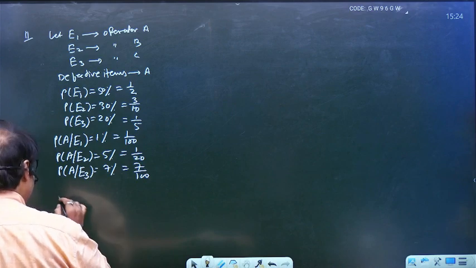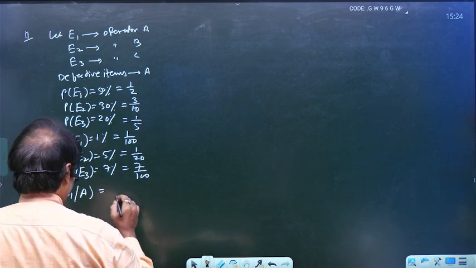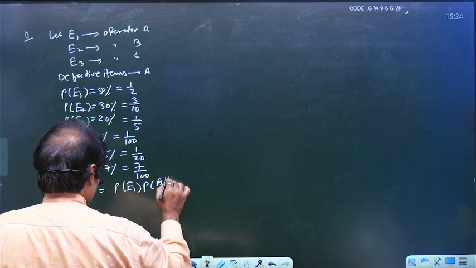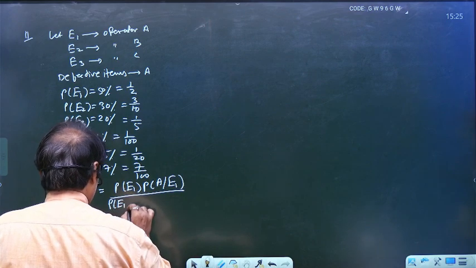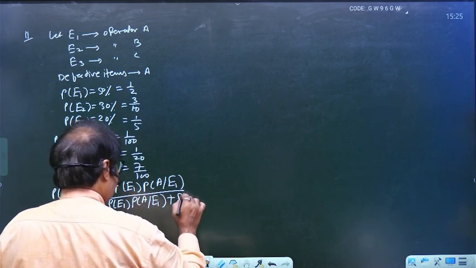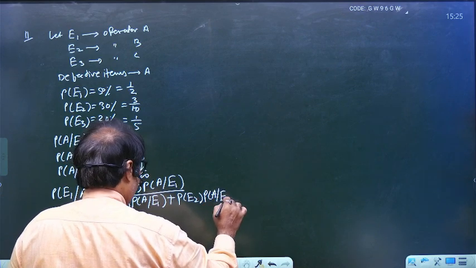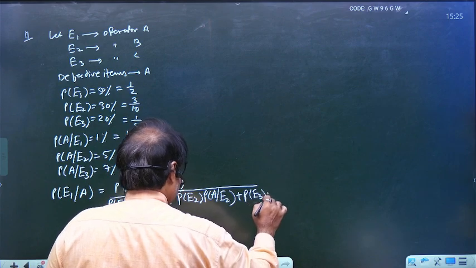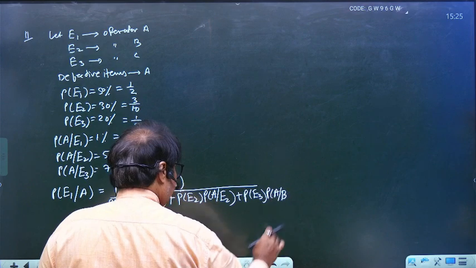We have to find probability of E1 by A, and now apply the Bayes theorem. Probability of E1 into probability of A by E1 upon probability of E1 into probability of A by E1 plus probability of E2 into probability of A by E2 plus probability of E3 into probability of A by E3.